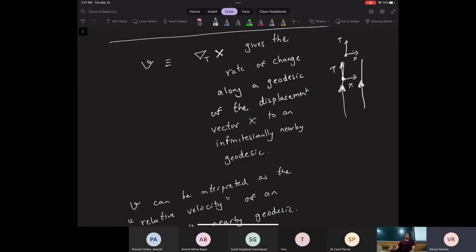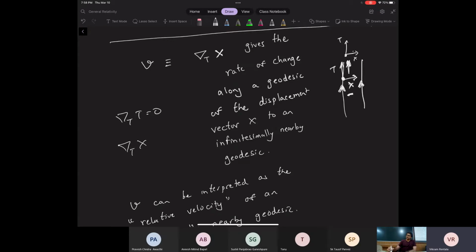Now we can ask about parallel transport of this displacement vector x. We know that del t of t is 0, but we want to know if this is 0 or some non-zero quantity. That is, if I transport the deviation vector from here to here, does it remain unchanged?